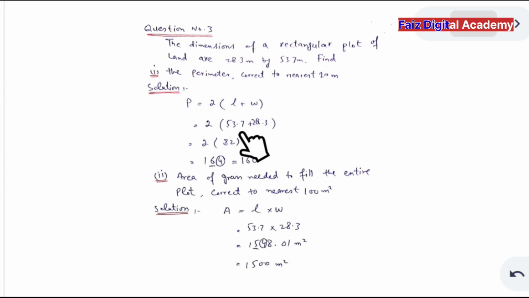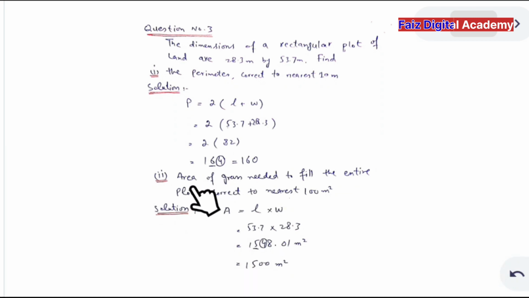So we add the length and width, and it becomes 82, and 82 is multiplied by 2 to get the perimeter, that is 164. Now we have to write the answer to 10 meters, so unit and 10. This 10th place value is decided on the basis of the next number. The next number is smaller than 5, so it will be 16, and this 4 is ignored and 0 is written in its place, so it is 160 meters.